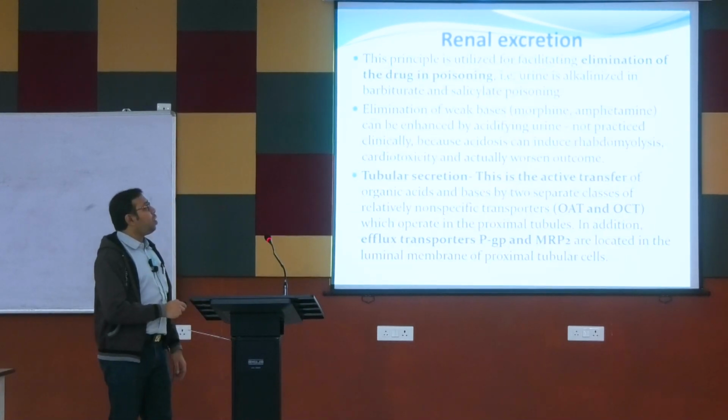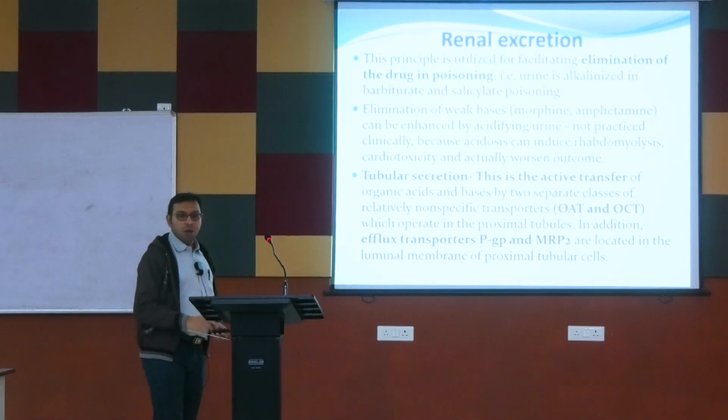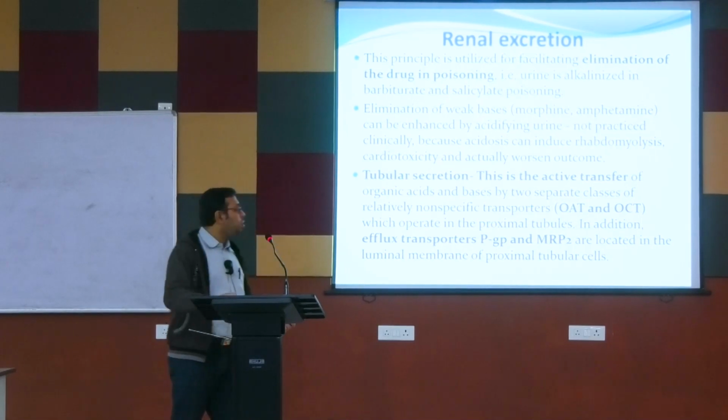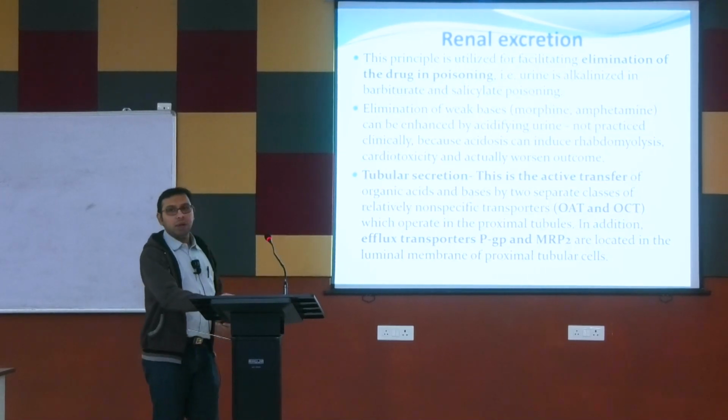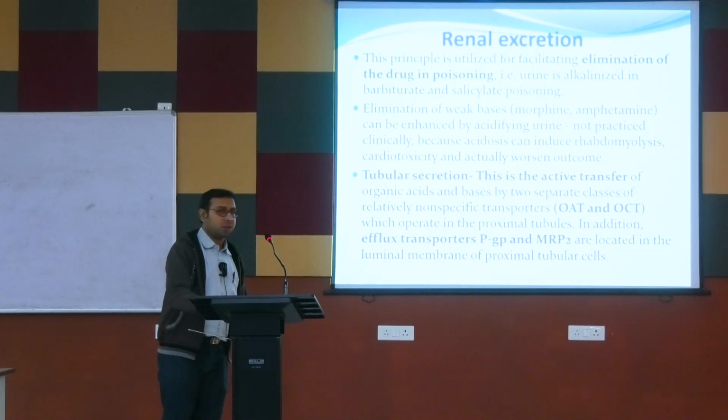So the principle is utilized for facilitating elimination of the drug in poisoning, which I am saying again and again. So what is the importance of knowing that? We can use this principle for the treatment of poisoning of different drugs.